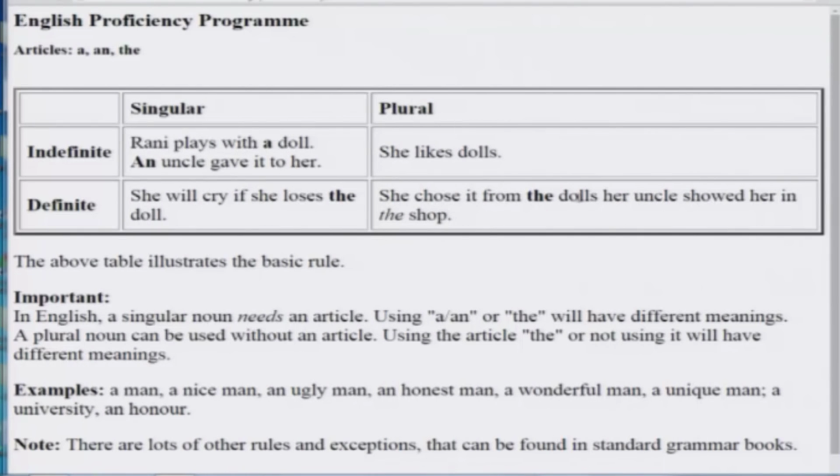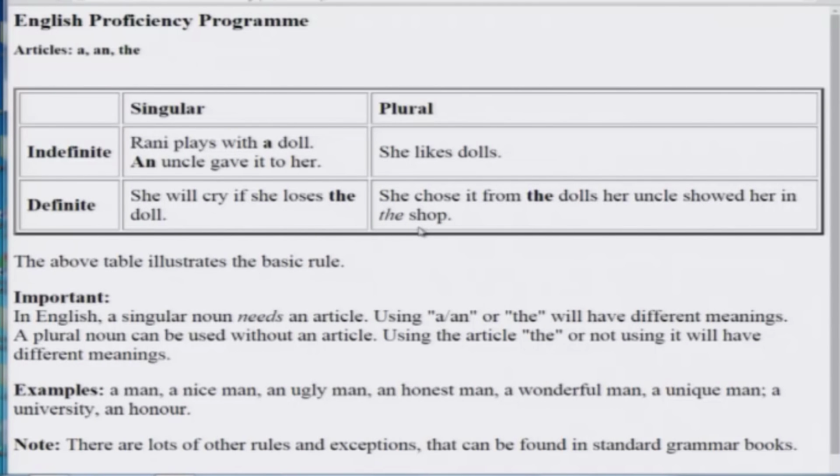So here you talk about the dolls as the dolls, identified already here. And you notice that we are saying the shop rather than a shop, even though the shop is coming into the picture for the first time. There, the prior identification is implied.